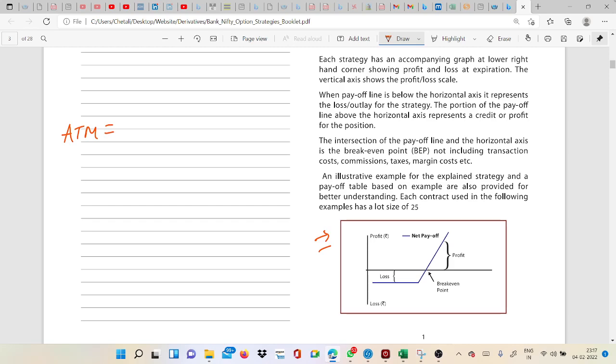ATM stands for at the money. Freshers who don't know anything can write it down. Then there are the terms ITM, in the money, and OTM, out of the money.